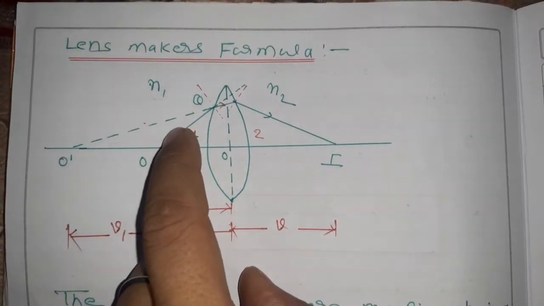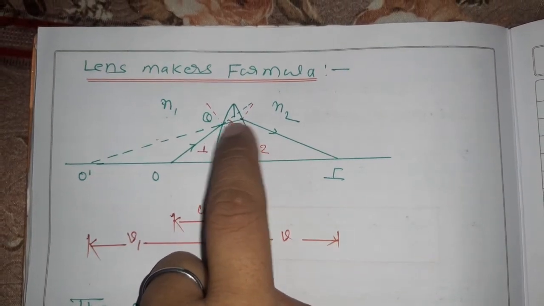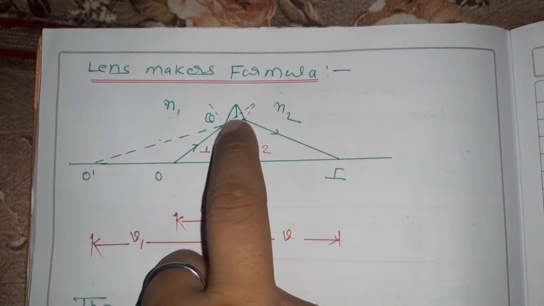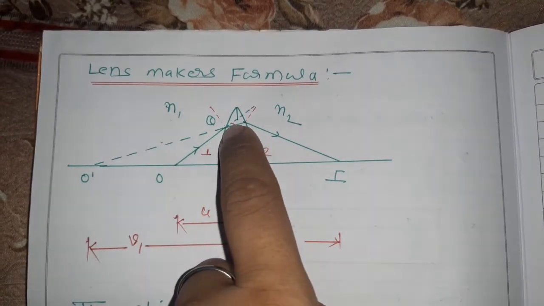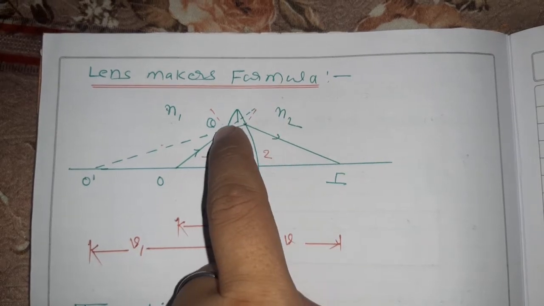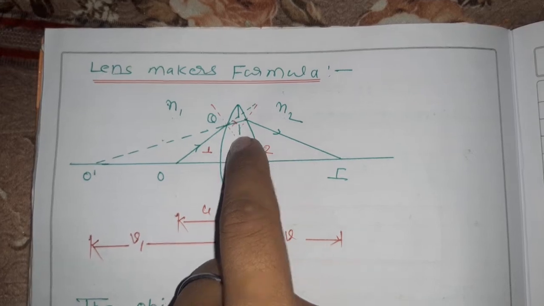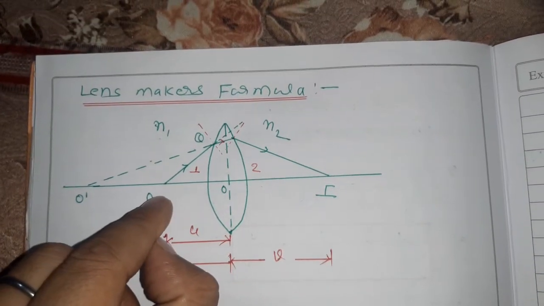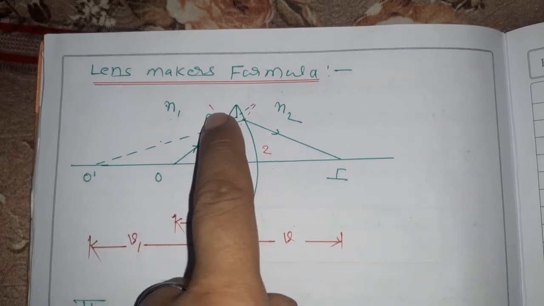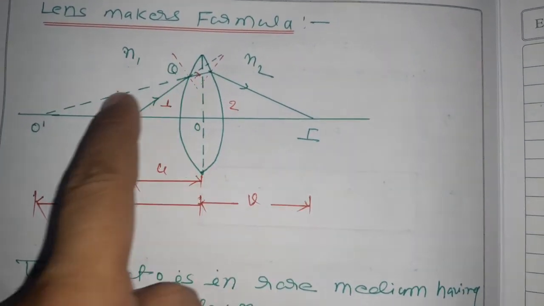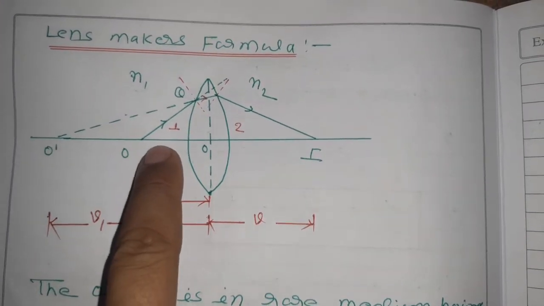When the ray is incident on the first refracting surface, it bends towards the normal. This will be your normal. Actually it should have followed this path, but it will bend a little bit towards the normal. So if I extend this way behind, this O dash will be your image of this point object.